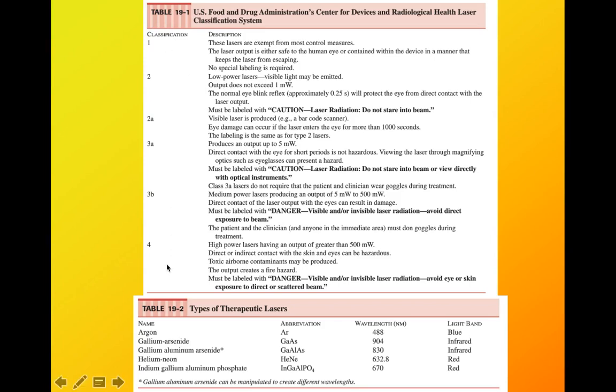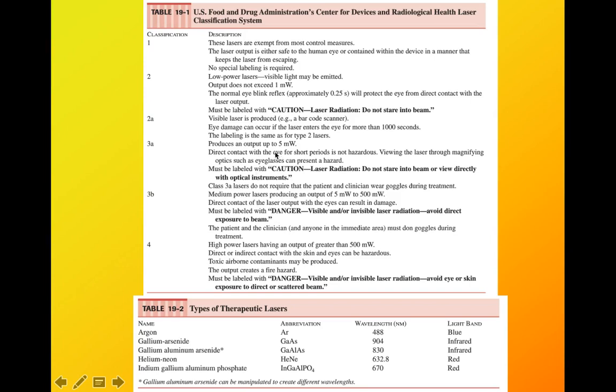Typically our treatments are around 3A and 3B. 3A lasers have an output up to 5 milliwatts. 3Bs are 5 milliwatts to 500 milliwatts. So those are typically the ones we work with.